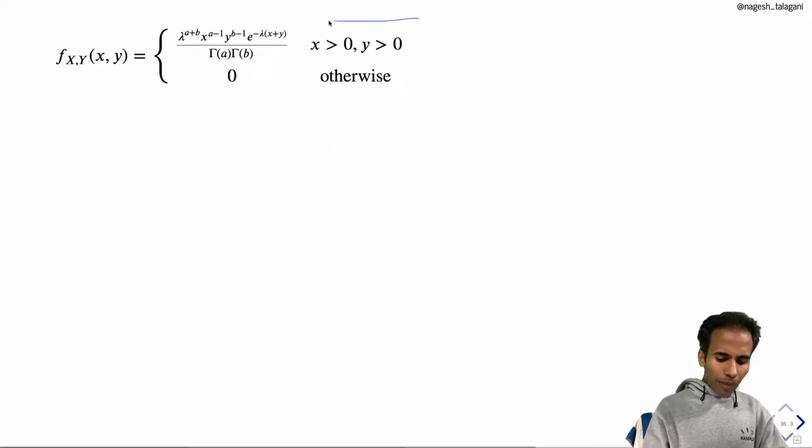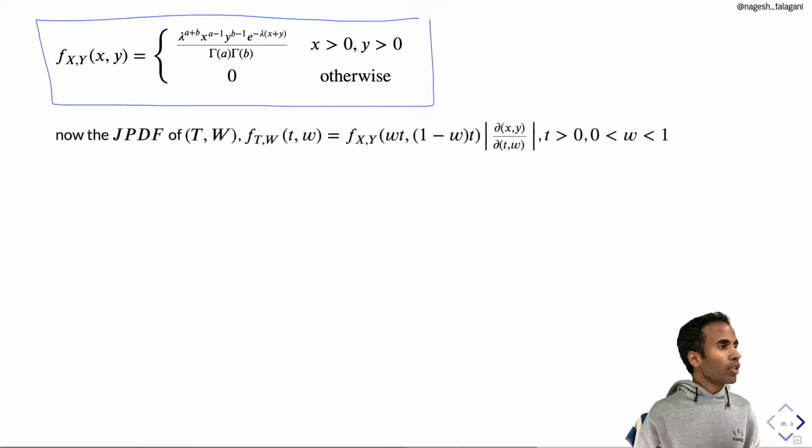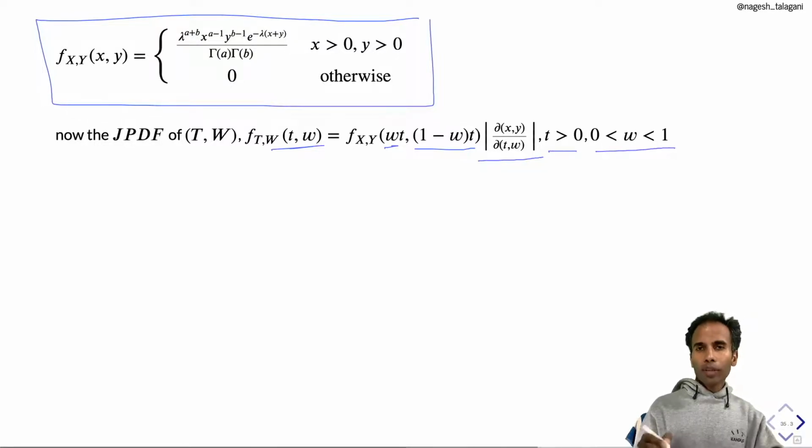So the joint PDF of X, Y that we got is this. Now let us write down the joint PDF of T, W in terms of the joint PDF of X, Y and the Jacobian of the transformation. So the joint PDF of T, W, f_TW(t, w), equals f_XY(wt, (1 minus w) times t) times the modulus of the Jacobian, for t positive and 0 less than w less than 1.